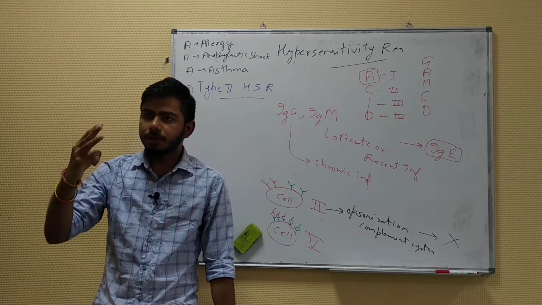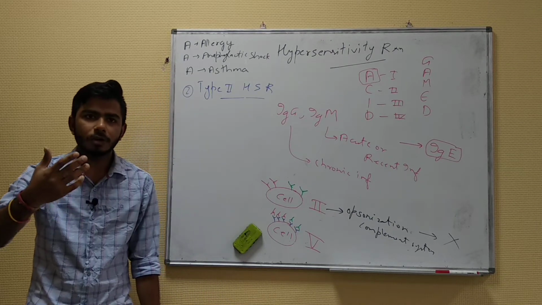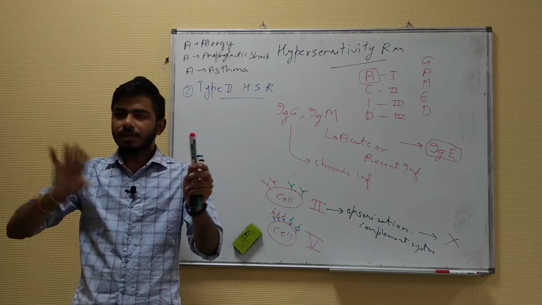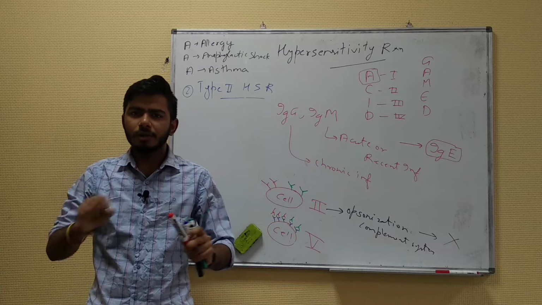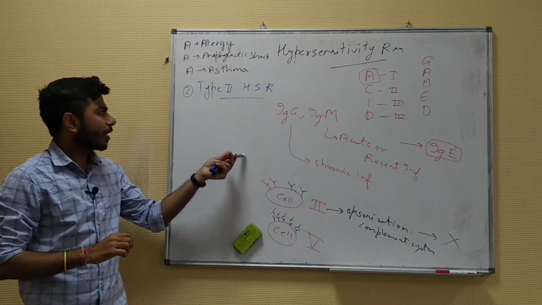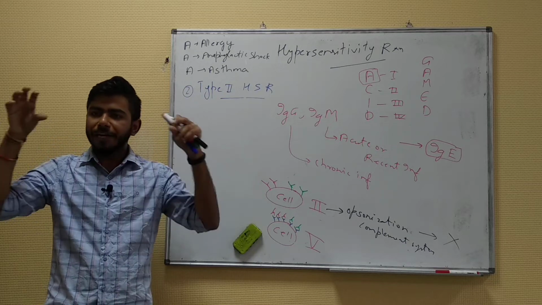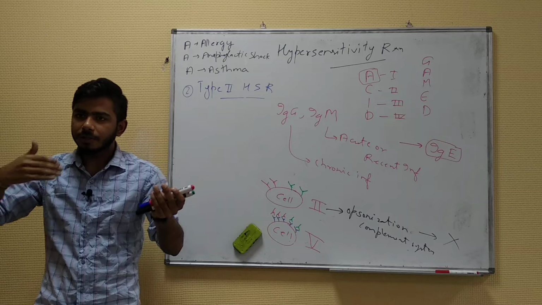Type 2 and type 3: in type 3 there is the formation of immunocomplex. Type 3 is also called immunocomplex, right? Those immunocomplexes will be arranging in an irregular fashion. And in type 2 hypersensitivity, the binding of the immunoglobulins to the cell surface will be arranged in a regular fashion. What is the significance of this?